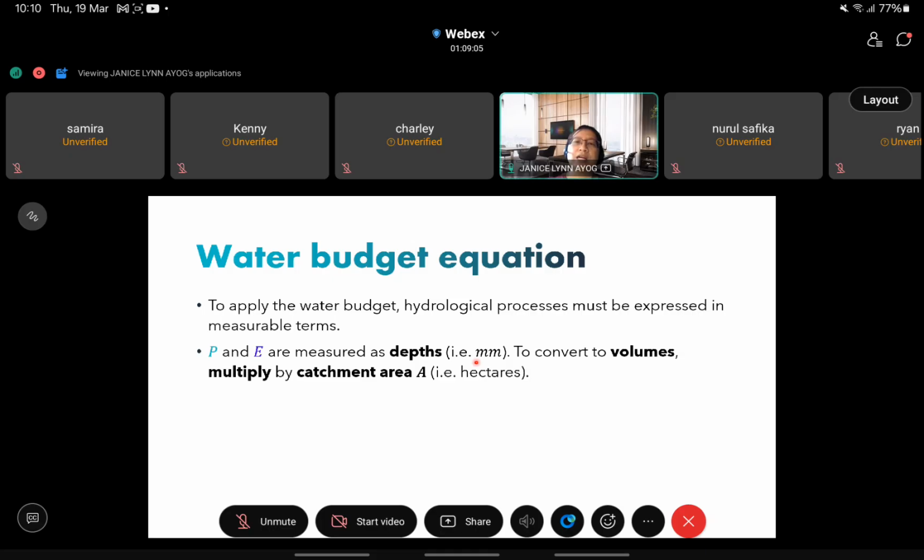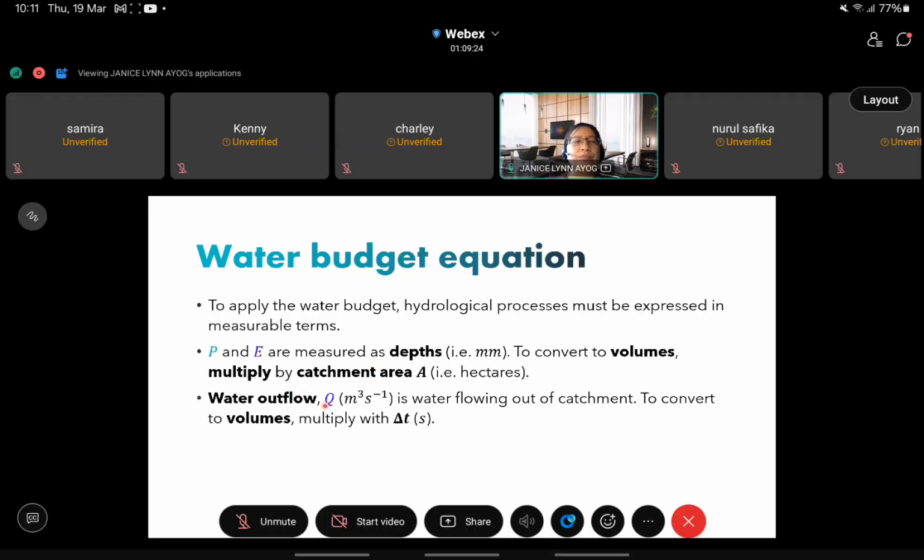So from depths, if you want to convert to volume, you have to multiply by the catchment area. Normally catchment area is given in hectares, but sometimes it's also given in square meters or square kilometers.